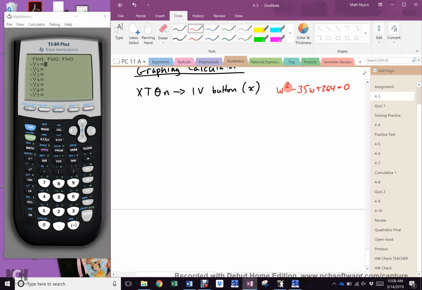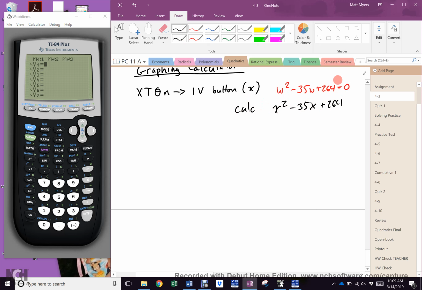What there is my independent variable? W. So in my calculator, which only uses X, what would this equation have to look like on the calculator? X squared minus 35X plus 264. That is what it will look like on the calculator, because the calculator has to use X. Now, all of that gave me an output of 0.